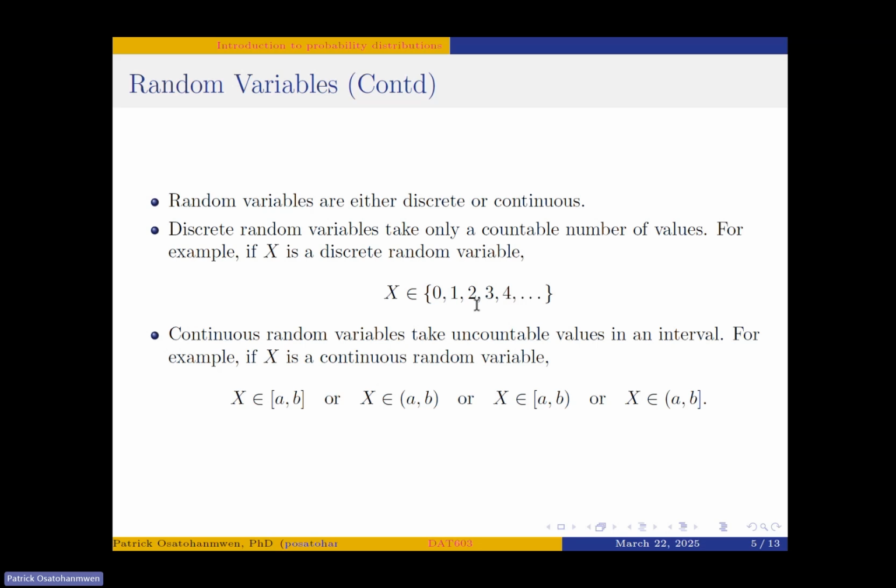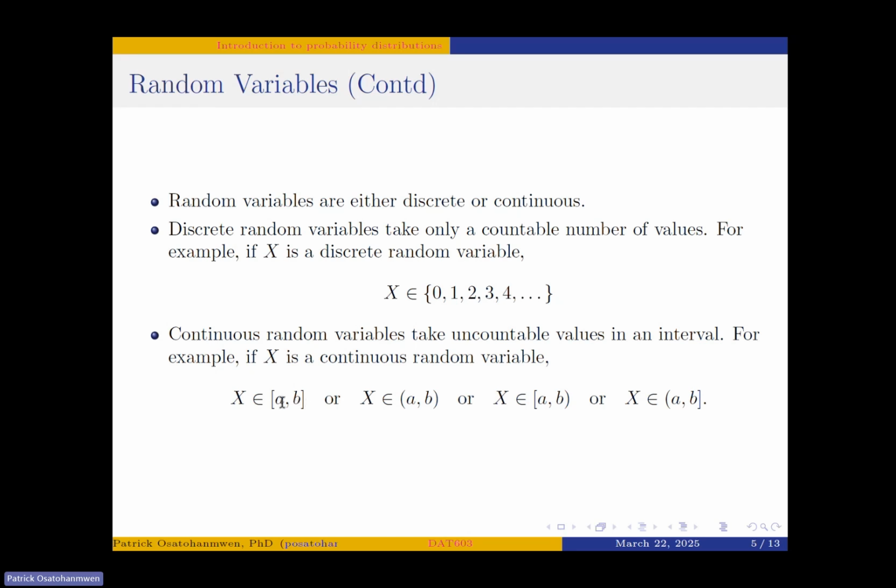So a continuous random variable takes uncountable values in an interval. For example, if X is continuous, we can say X takes values in the interval a, b. This is an example of a closed interval. It means X can assume the value a, and it can also assume b.